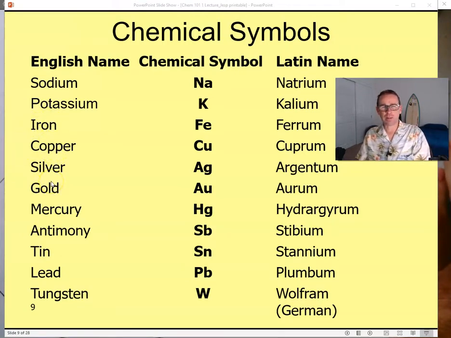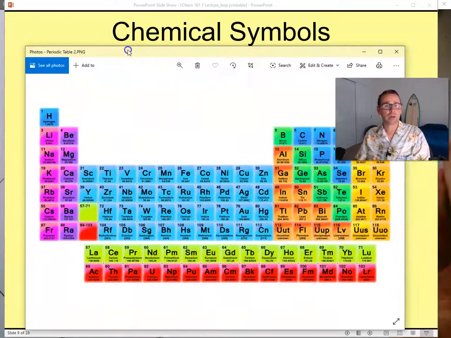And that was back when the chief language for the sciences was Latin. Therefore, they still maintain their symbols, which refer to their Latin names. Okay? So we're not going to be responsible for memorizing any of these, but as we use the periodic table more and more, we'll get familiar with where the elements are and also their names and symbols as well.